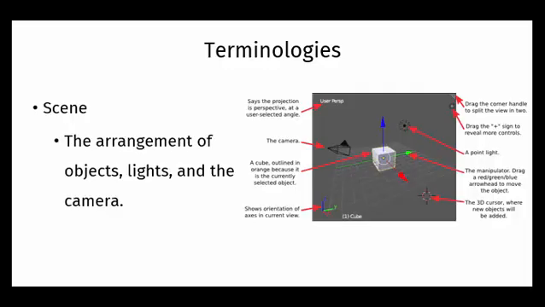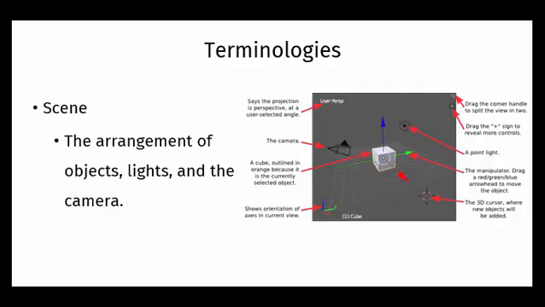Another important term in 3D graphics is a scene. A scene is the arrangement of objects, lights, and the camera in a 3D environment. Think of it like setting up a movie scene.